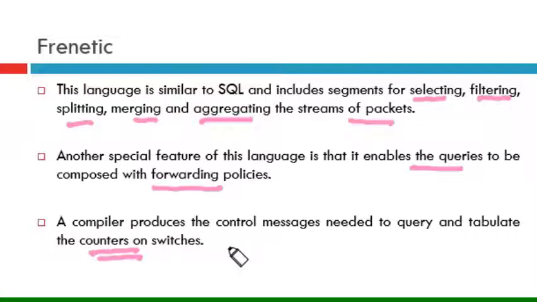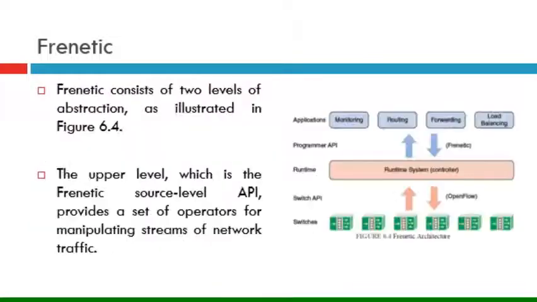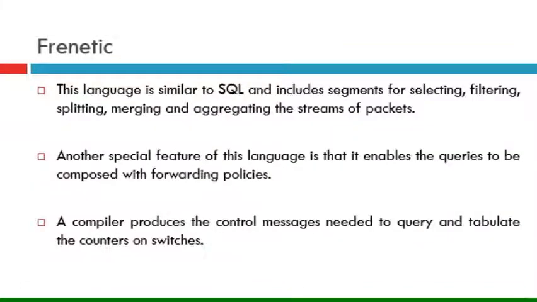We already discussed the types of counters: OpenFlow table counters, flow counters and port counters. In table counters, for example, how many packets are matched or packet lookups. Then flow counters, the packets or bytes received. Then port counters, the packet bytes transmitted, received, and drops.